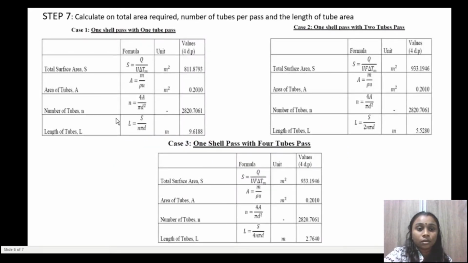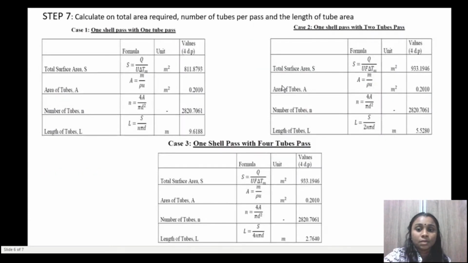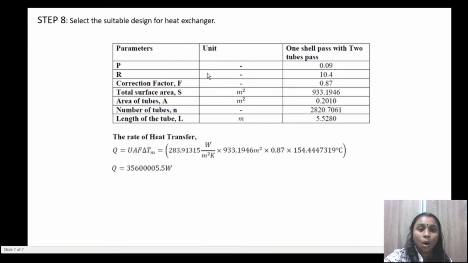According to the tube length limitation, which is 6.96, the most suitable is case 2, because according to the heat exchanger design book, the most economical heat exchanger must possess a small diameter and long tubes. So case 2 is the most convenient for our heat exchanger.